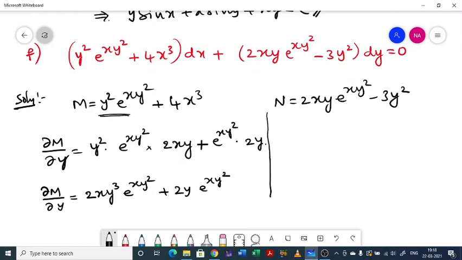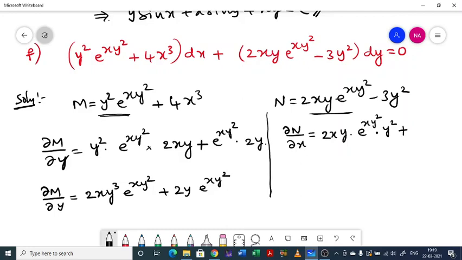Similarly, let us come to ∂N/∂x. Again we need to apply the product rule here. The second term gives 0 after differentiating, so not necessary to worry about it. We need to worry only about this term: 2xy into the derivative of e power xy squared. The derivative of the exponential function is the exponential function into the derivative of the power, here y squared.